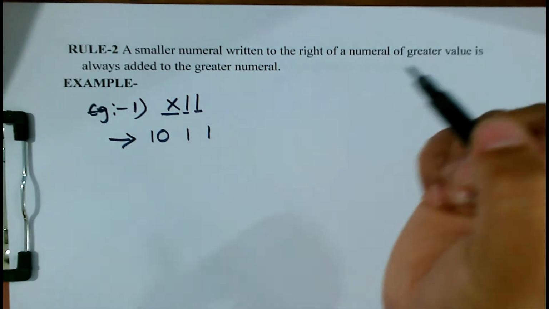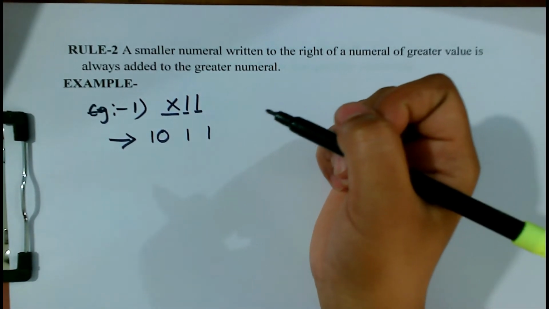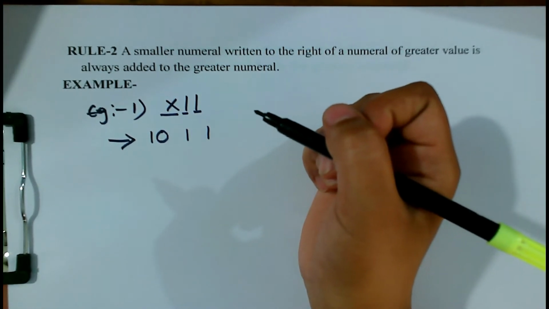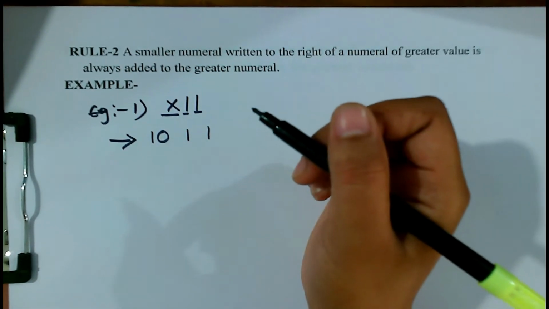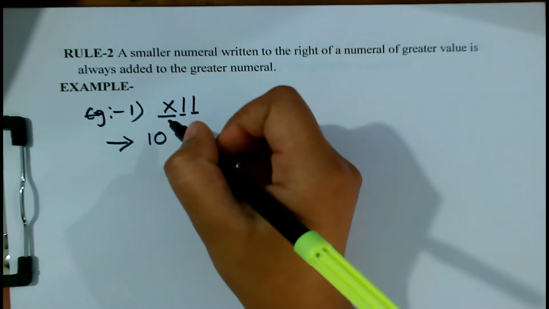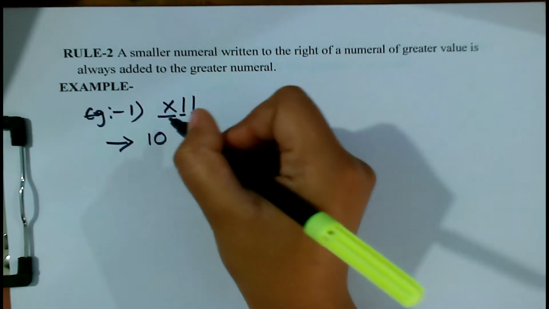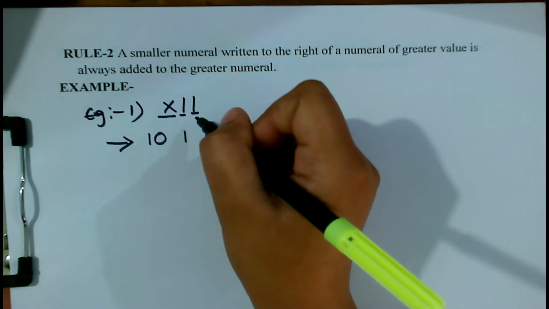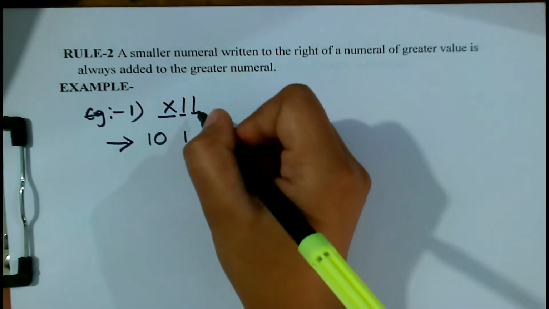And one thing in the Roman system: if it goes from big number to small number, they are added, and if it goes from small number to big number, it is subtracted.